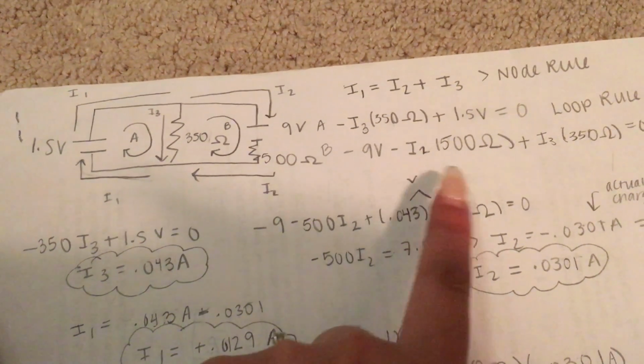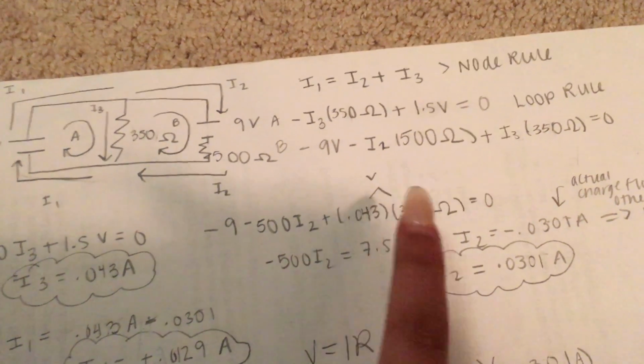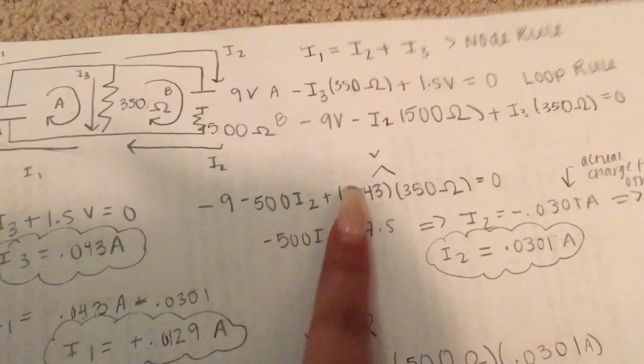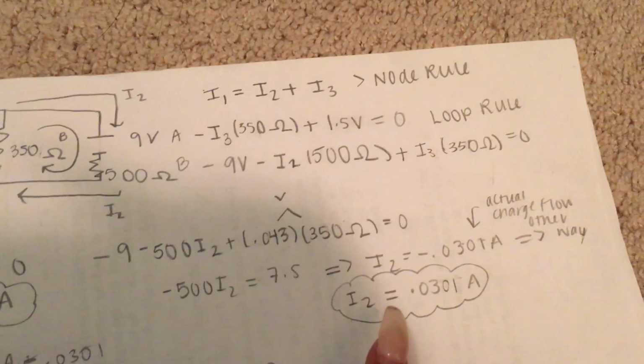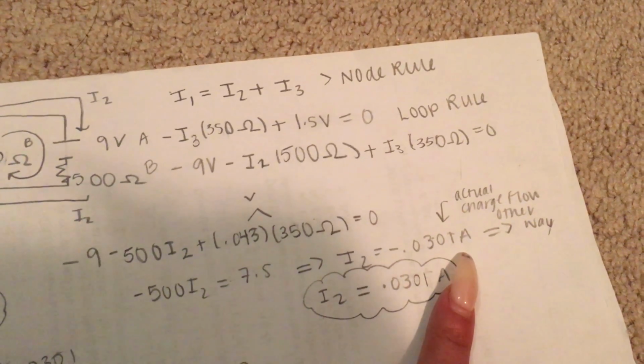And then here I do the same thing. I multiply current times resistance to give me voltage, and I find that I2 is negative 0.0301 amps.